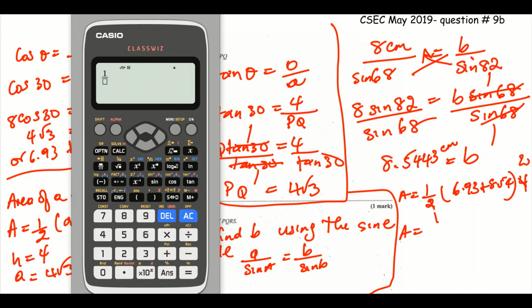So we have half, bracket 6.93 plus 8.54, close bracket, times 4. What did I put in wrong?